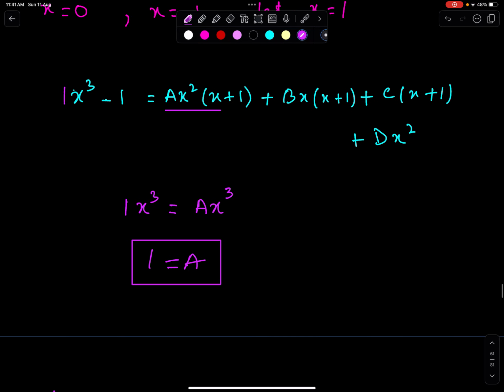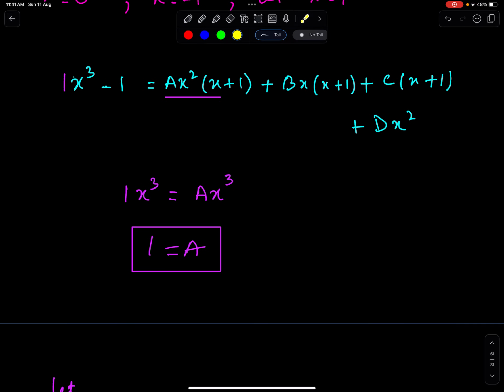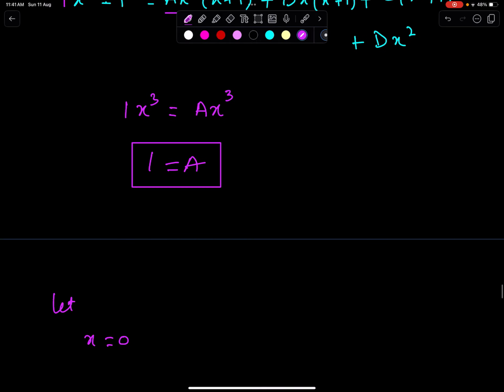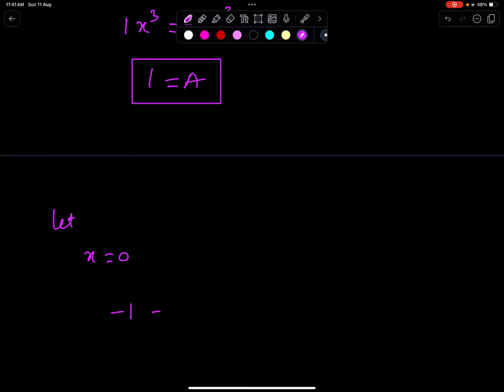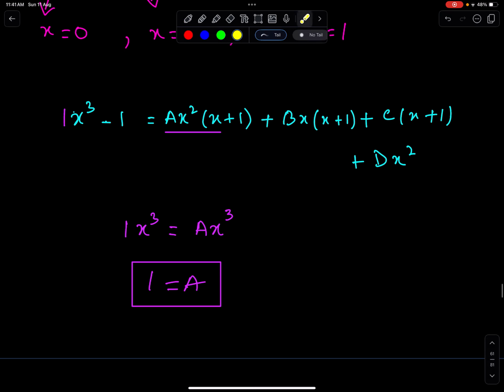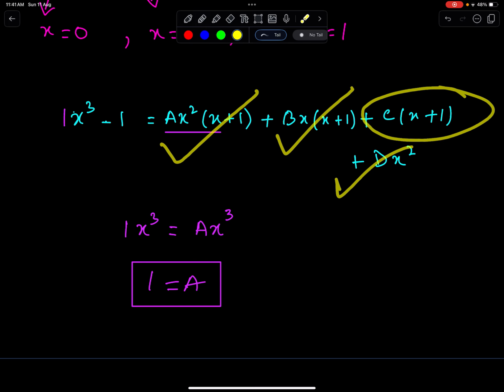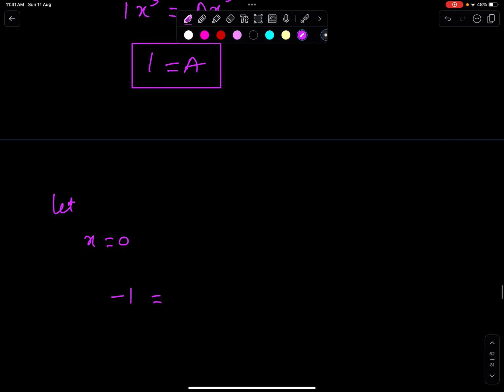So when we will substitute x is 0 into this equation, we'll get -1 on left side. This will become 0. This will also become 0. This will also become 0. So we will get c times 1. So c is -1.